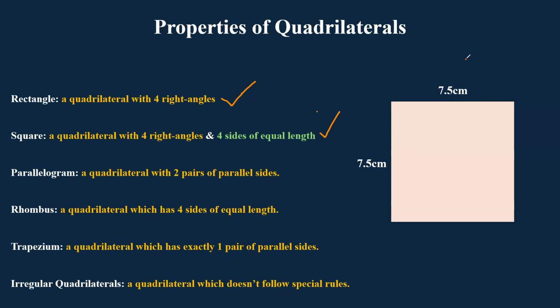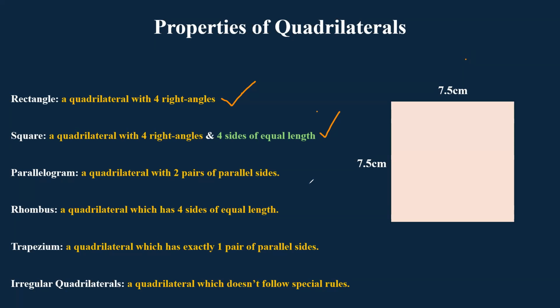We see that if we know it's a square, so it's equal length, and it has 7.5 everywhere and has right angles, then on the top and bottom there's 1 pair, and on the left and the right it's also parallel, because if you stretched it forever it would never meet. So it is a parallelogram.